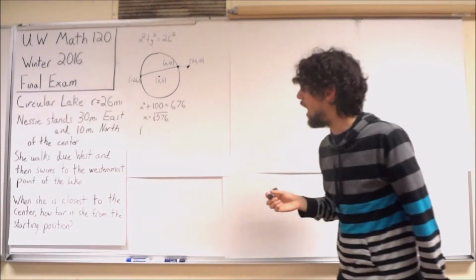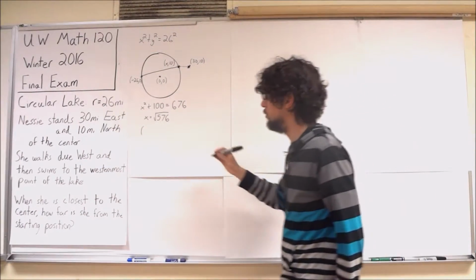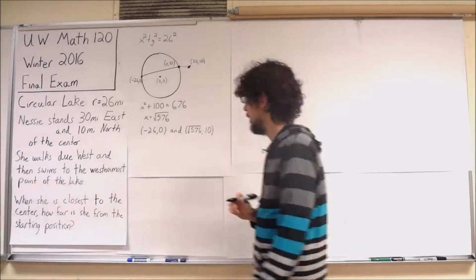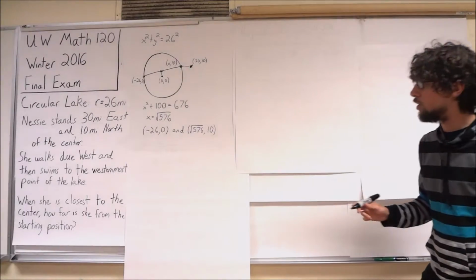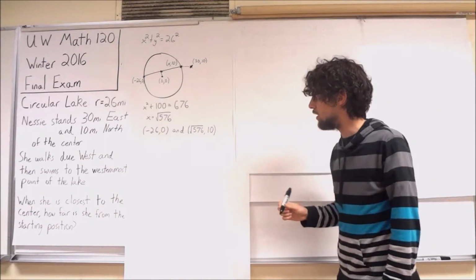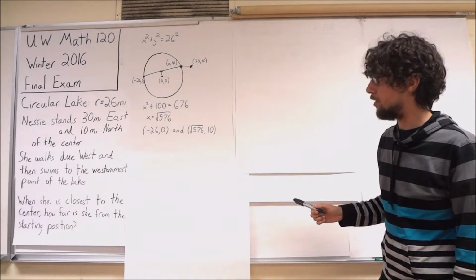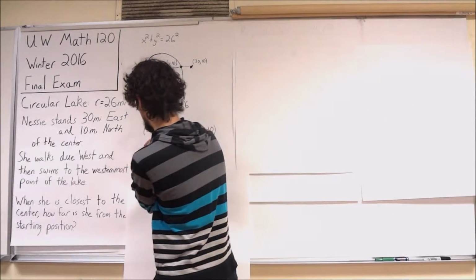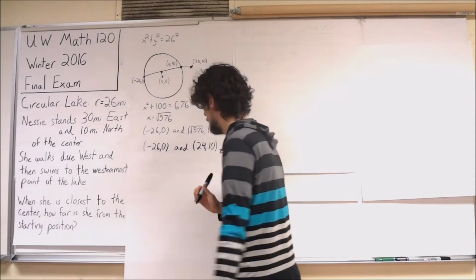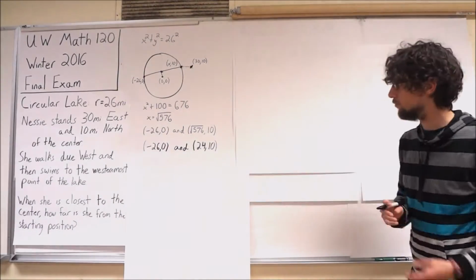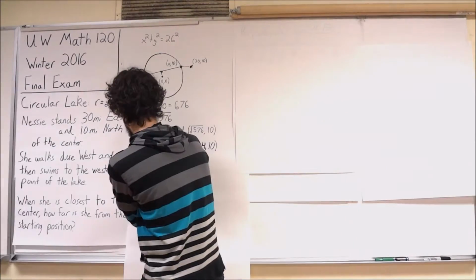I want a line that goes through these 2 points. Fortunately for us, the square root of 576 is 24, so we're really just trying to model the line that goes through these 2 points. So this isn't so bad.